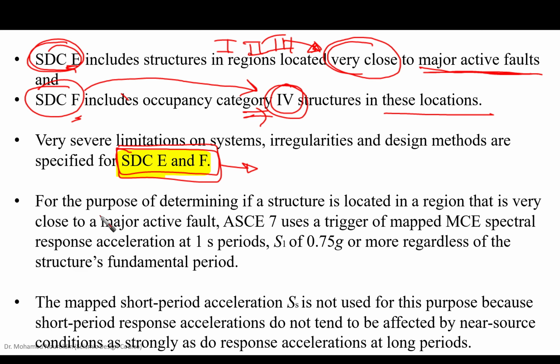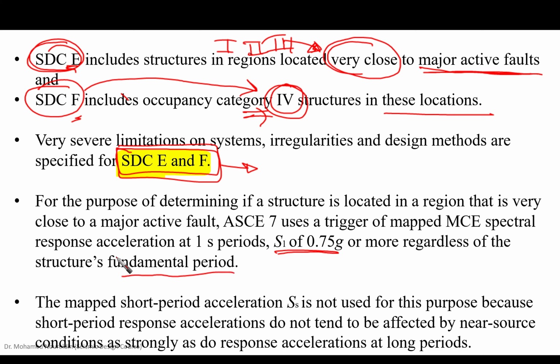For the purpose of determining if a structure is located in a region that is very close to a major active fault, ASCE uses a trigger of mapped MCE spectral response acceleration at 1 second period, S1, of 0.75 g or more, regardless of the structure fundamental period.